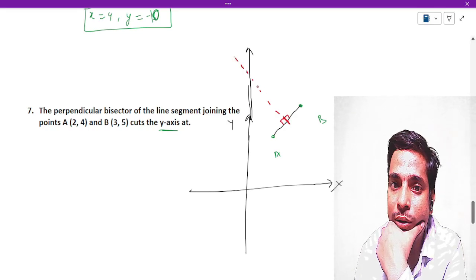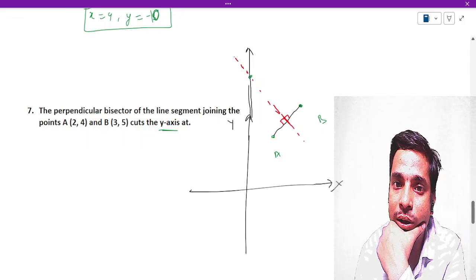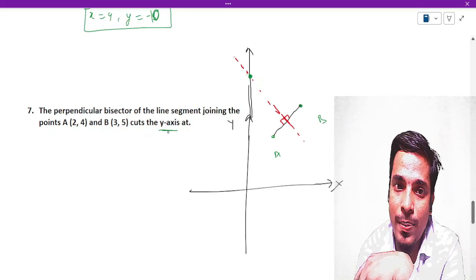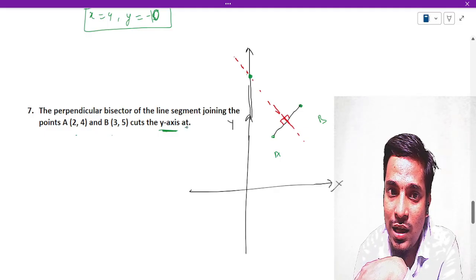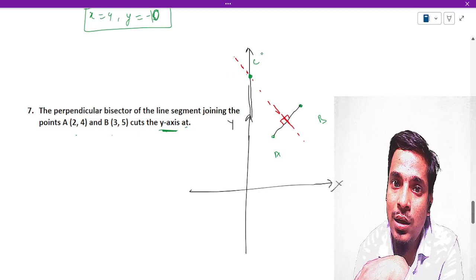So this perpendicular bisector meets the y-axis at this point, and this point's coordinate they are asking. Let's say this is point C.